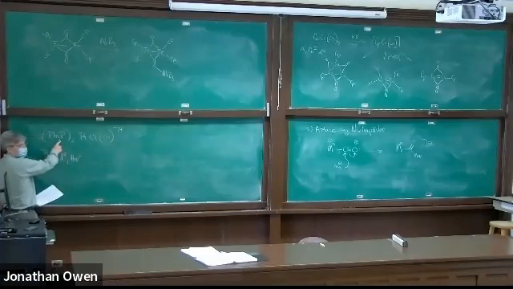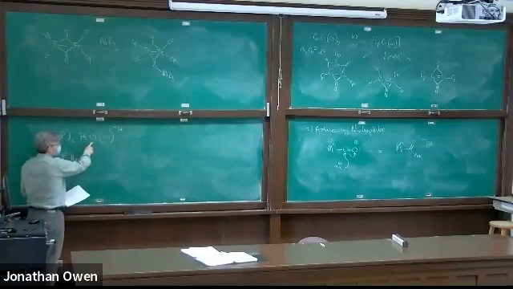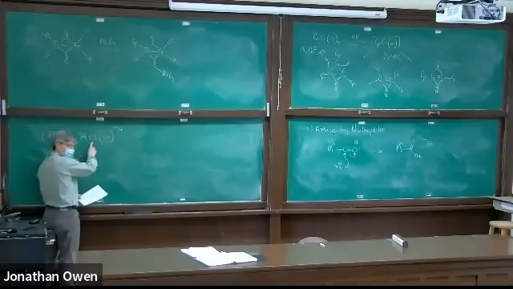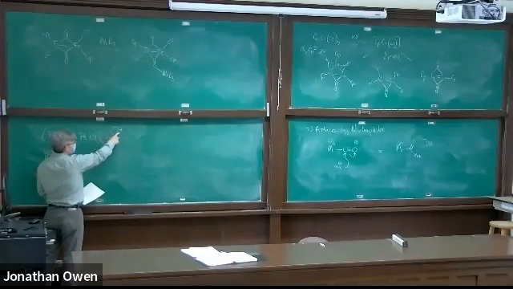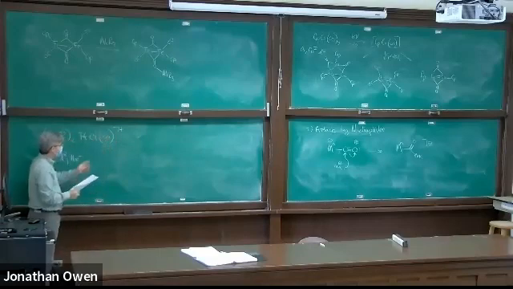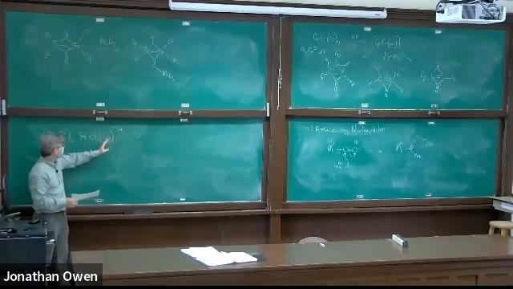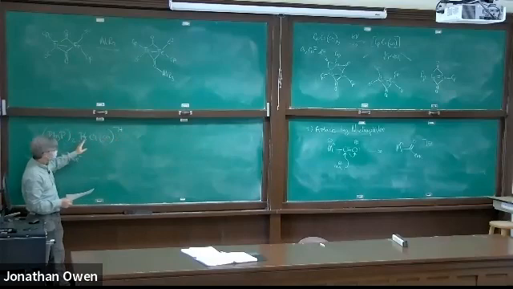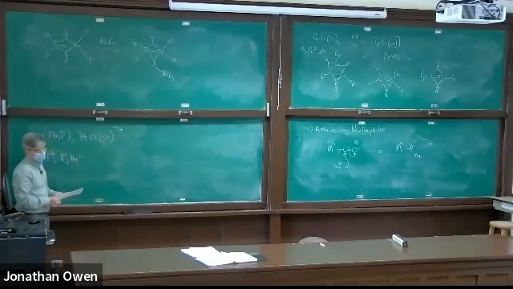Electrons: we get 2 for each phosphine. L-type ligands, that's 4. There's an X, 1 electron. There's a plus and there's 2 electrons, so those 2 cancel. 2, 6. Okay.